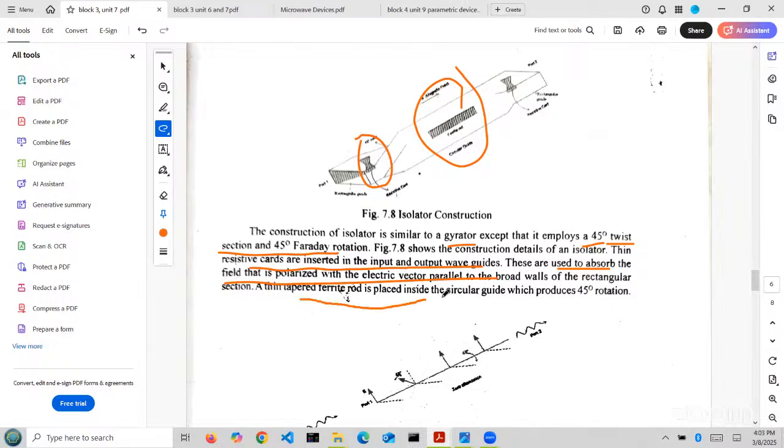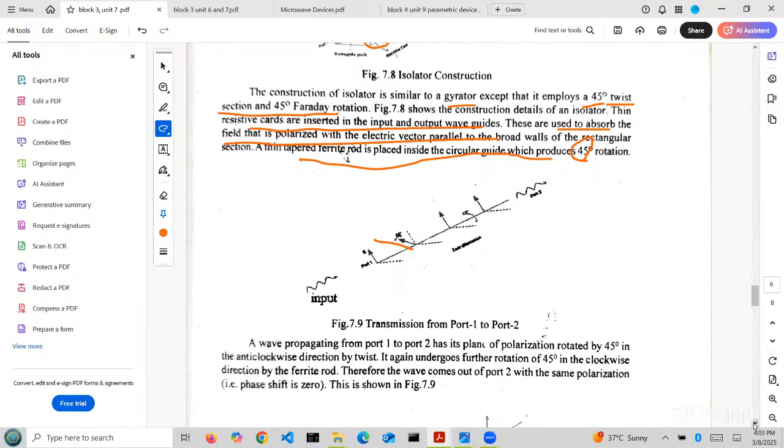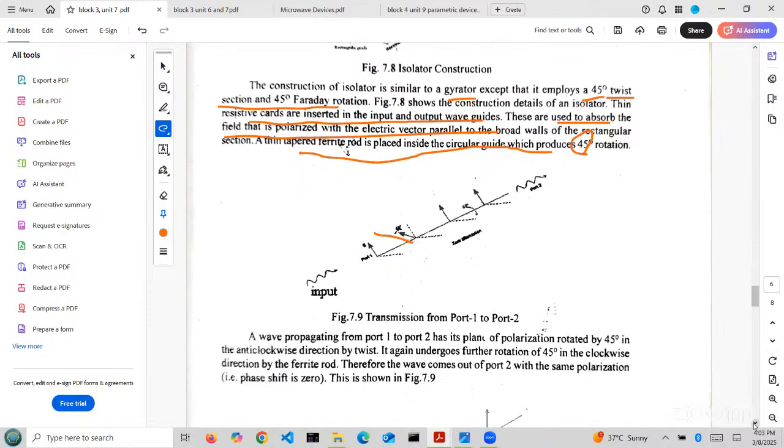The ferrite rod is producing how much phase shift? The ferrite rod is producing 45 degrees of rotation. Next, see the waveform here. I am giving input. Next, this resistive vane is producing how much? 45 degrees. Next, 45 degrees by the ferrite material. But one is in clockwise direction, another in anti-clockwise direction.